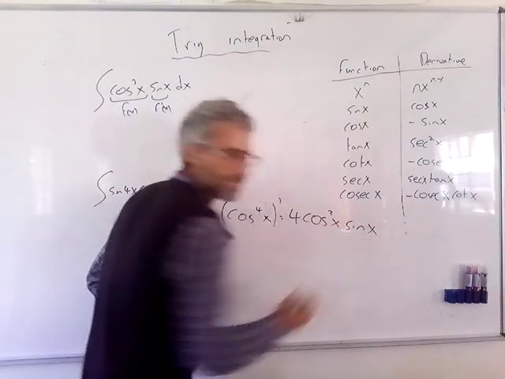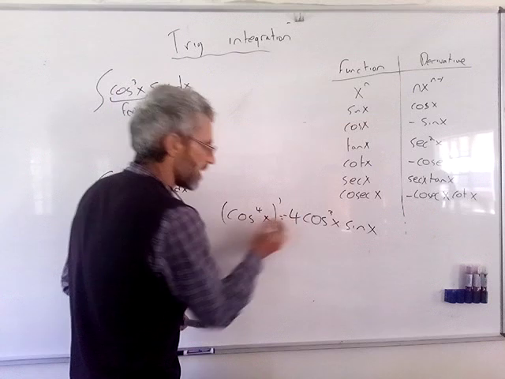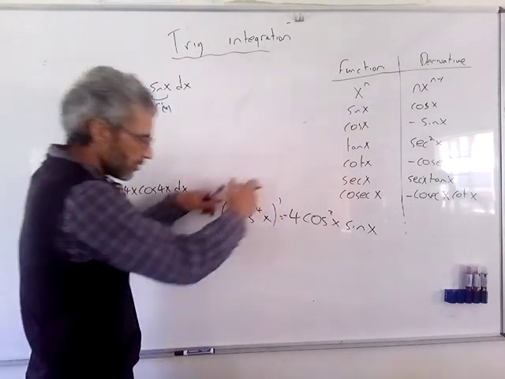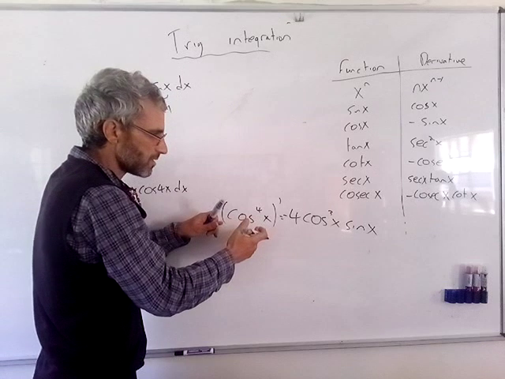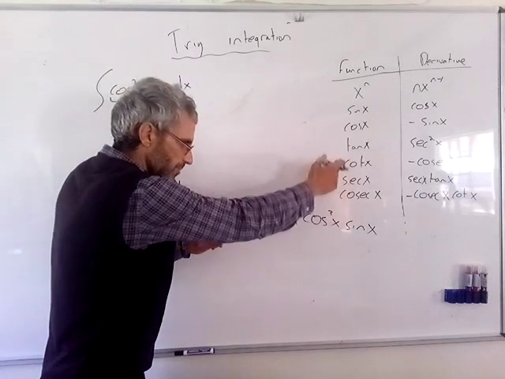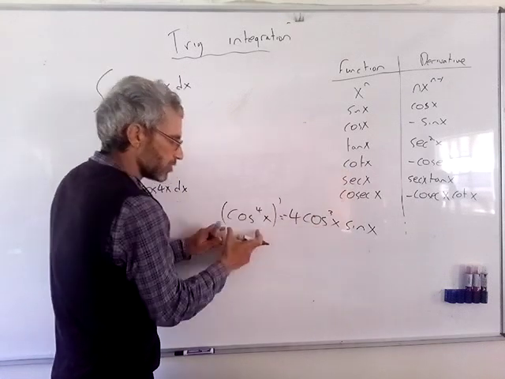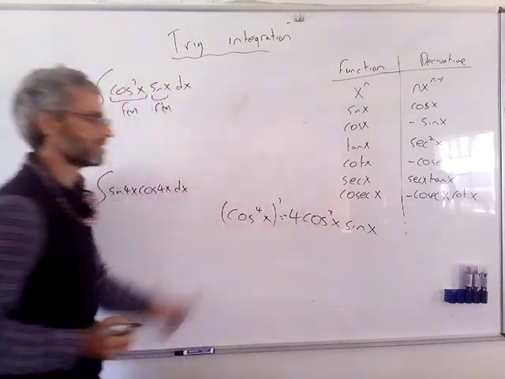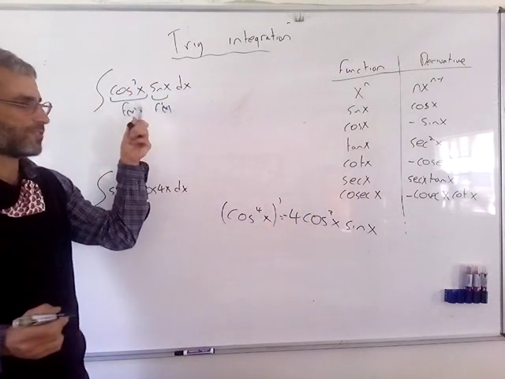It's minus sine x, right? So I'm going to stick in a minus there. So the derivative of cosine to the power 4 x: the cosine became power 3, then I also have a sine because cosine becomes sine, and I had that 4. Now this is very similar to that.